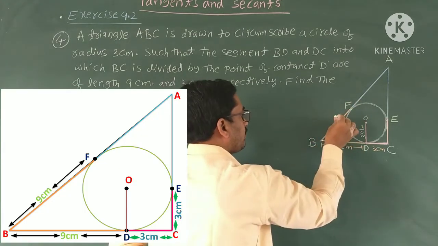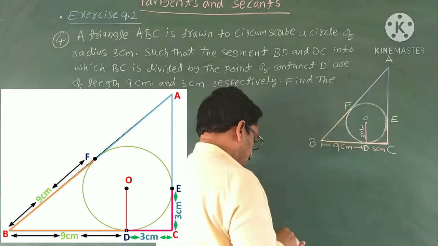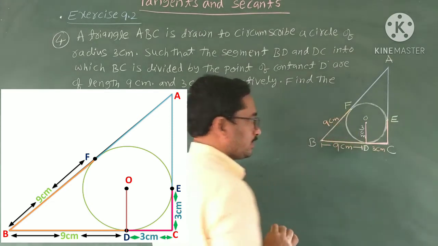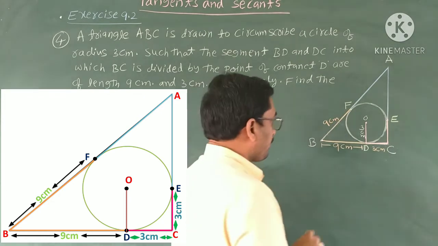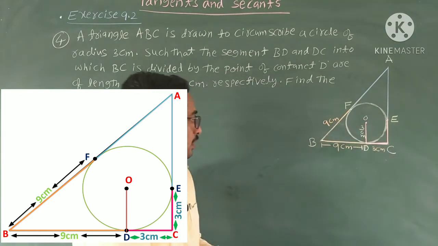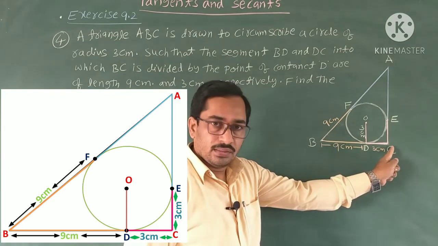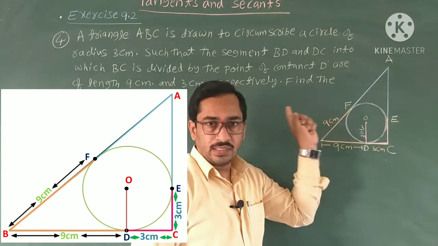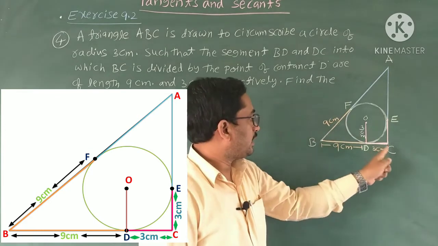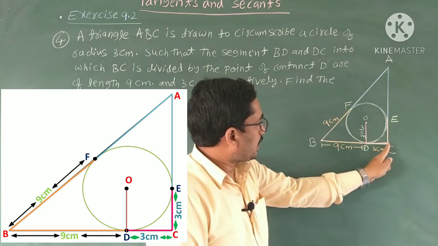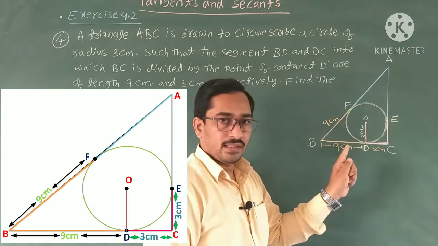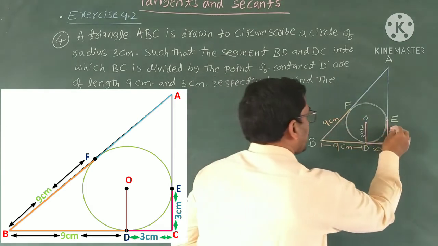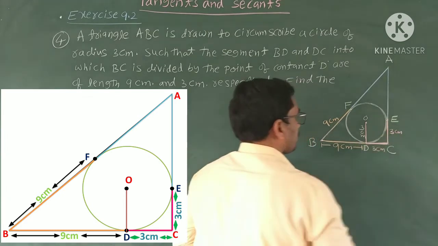The length of BF is also the same, 9 centimeters. Next, C is an external point. From C to the circle we can draw two equal tangents, CD and CE. The CD length is given as 3 centimeters, so CE is also 3 centimeters.